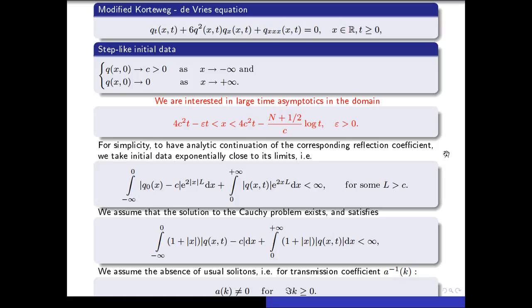We make some technical assumptions. First of all, we suppose that the solution of this initial value problem exists, and we are interested only in asymptotics. We suppose that the solution at all times exists and satisfies the following integral inequalities, so that it tends to background constants with the first moment.